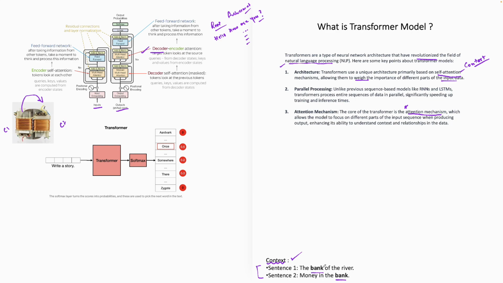That's the beauty of the English language, right? One word can have different meanings. Here, bank of the river is related to a river, and here, money in the bank is related to the money that you have in the bank. Words are the same, but the context is different, right?